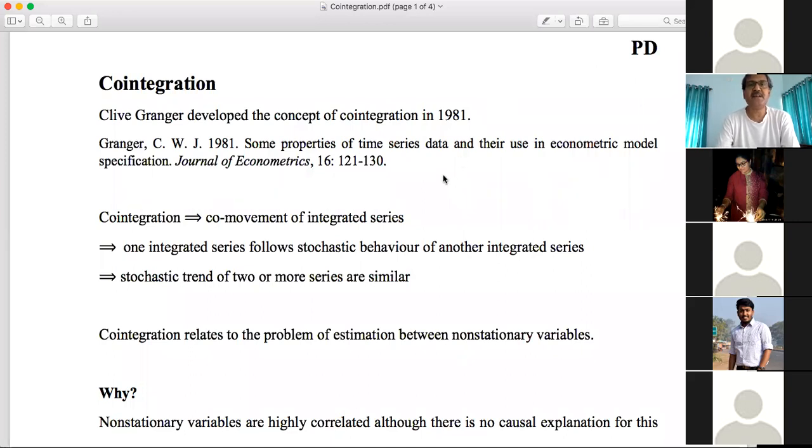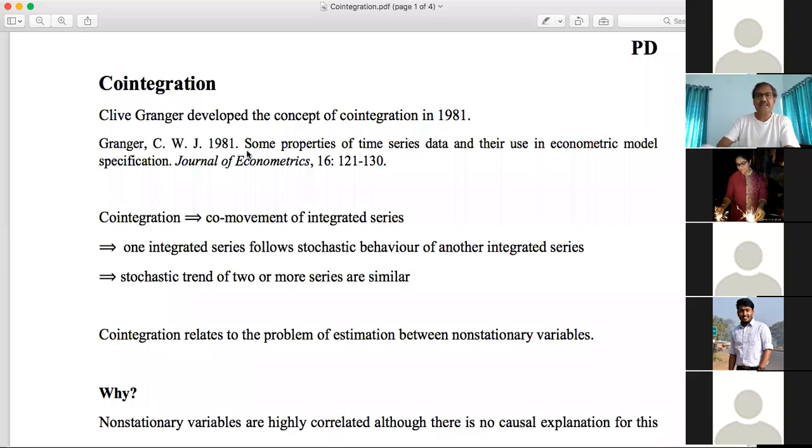It was published in the Journal of Econometrics in 1981, titled Some Properties of Time Series Data and Their Use in Econometric Model Specification. Granger was in fact awarded the Nobel Prize because of this work. The development of the concept of co-integration changed the econometric techniques, particularly those applicable for macroeconomic analysis.